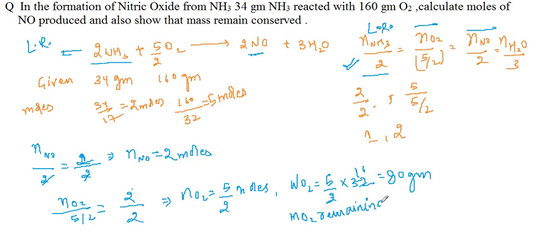Mass of O2 remaining will be 160 minus 80 gram. That is 80 gram of O2 will remain. So again the only thing we need to remember while calculating with a balanced chemical equation is the stoichiometric rule. That is the only thing we need to consider.